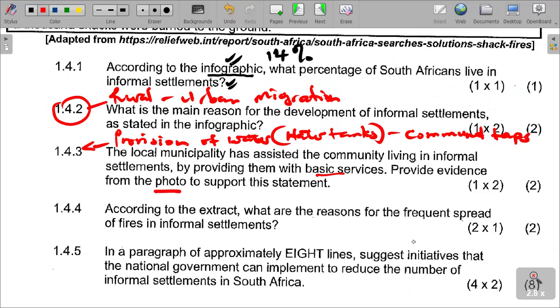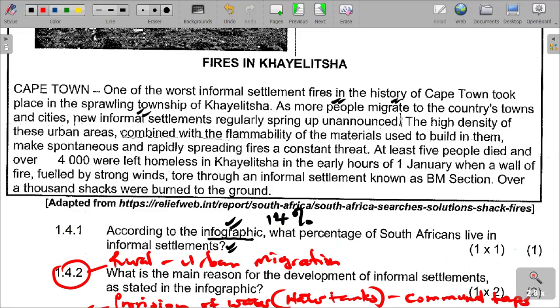Question 1.4.4 says, according to the extract, what are the reasons for the frequent spread of fires in the informal settlement? This has been given. I already made it.